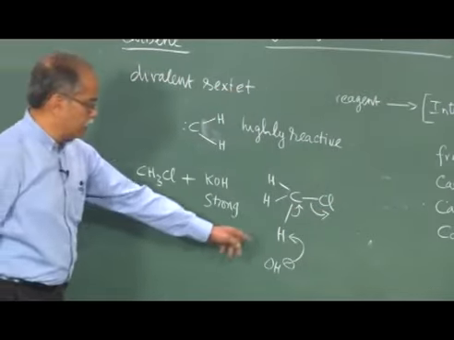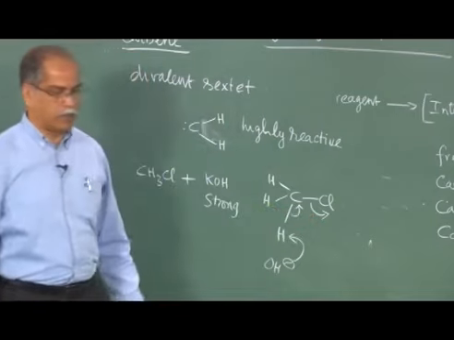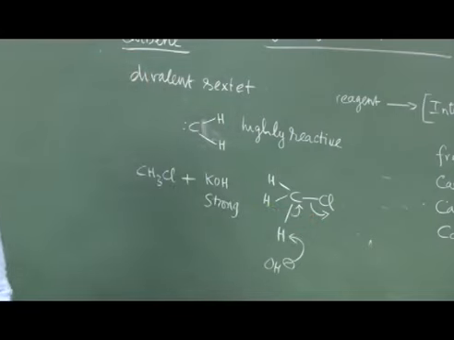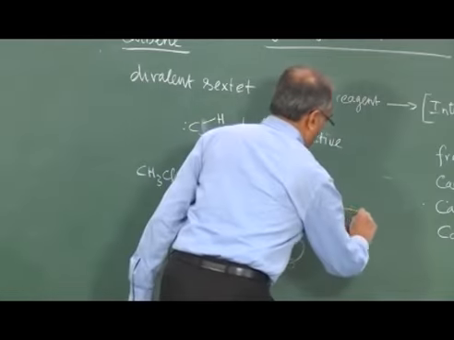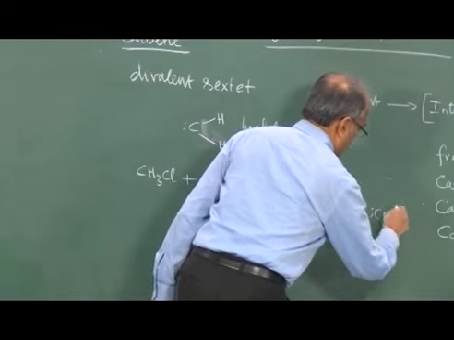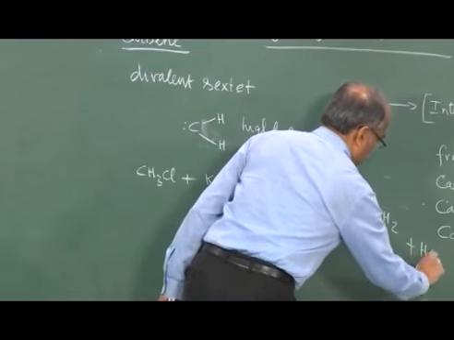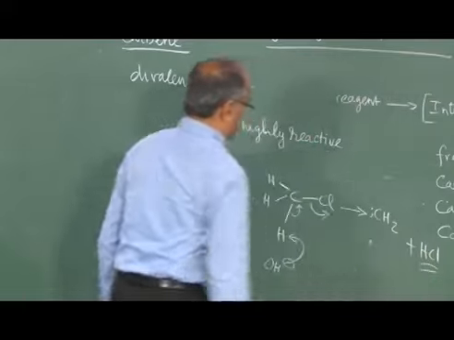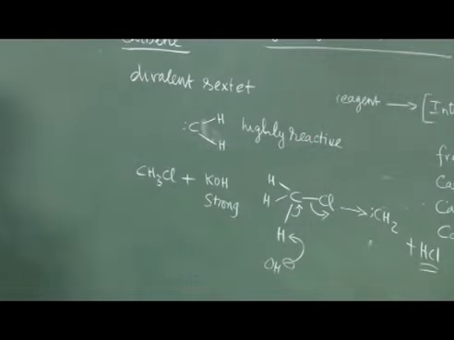Simultaneously, both the hydrogen and the chlorine are lost because of the presence of alkali. So, hydrogen chloride is eliminated, and in the process you end up with CH2, which is a carbene, plus HCl. HCl, of course, is neutralized by the sodium hydroxide.